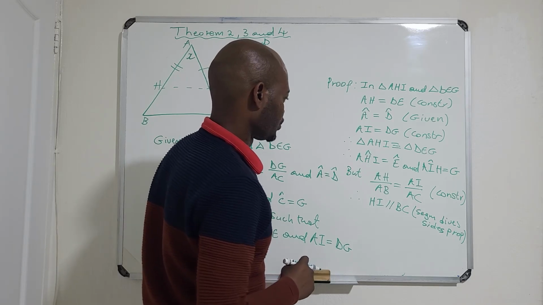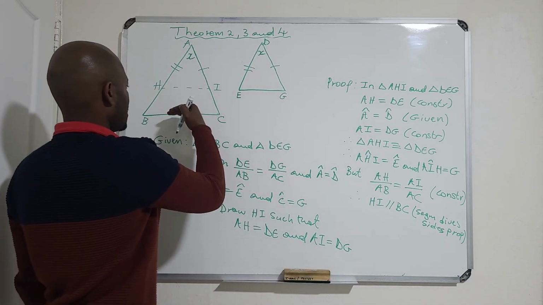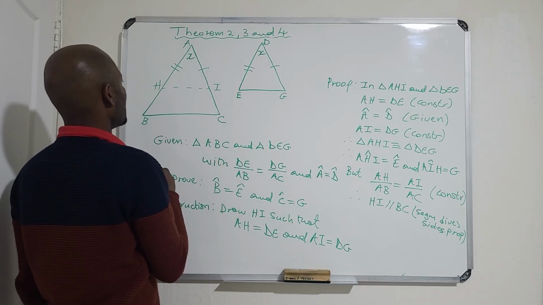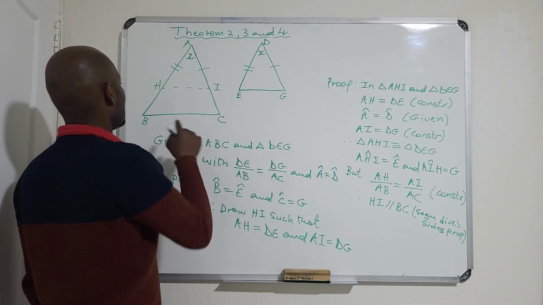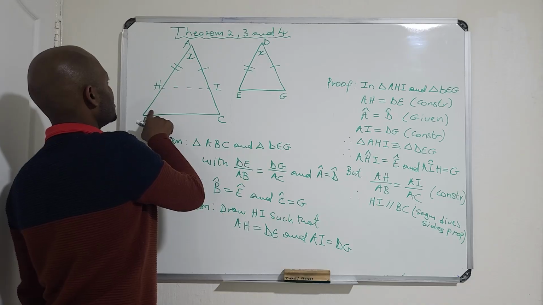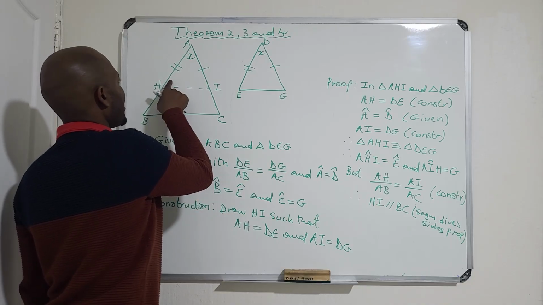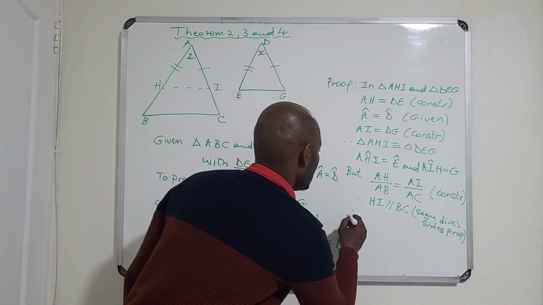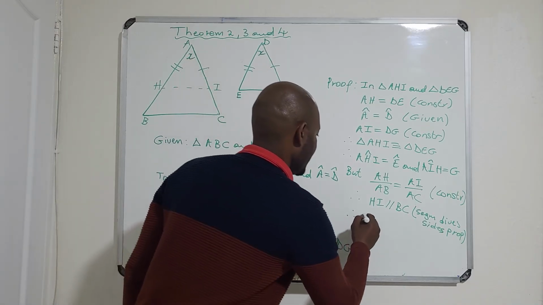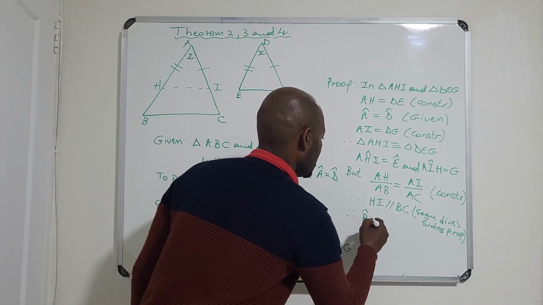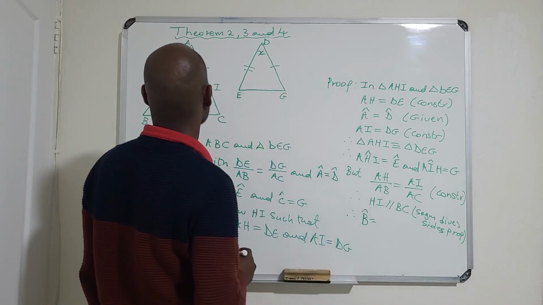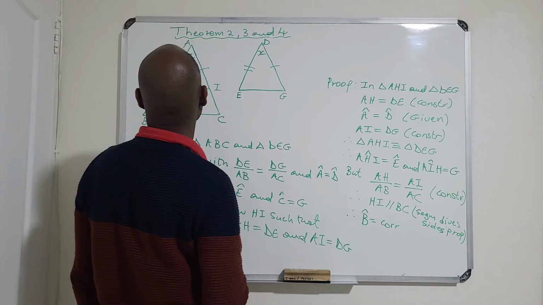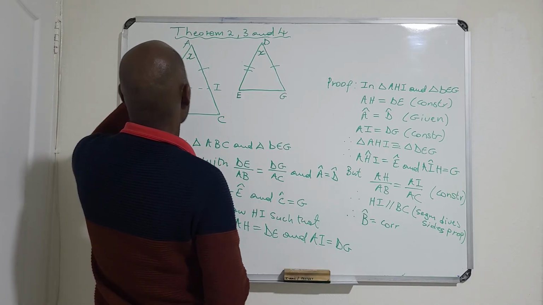Now, since this is parallel to that, we know from part 1 that this angle is going to be equal to this angle there. Therefore, angle B is equal to the corresponding angle.